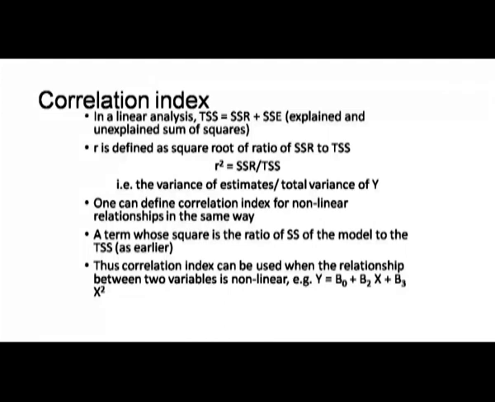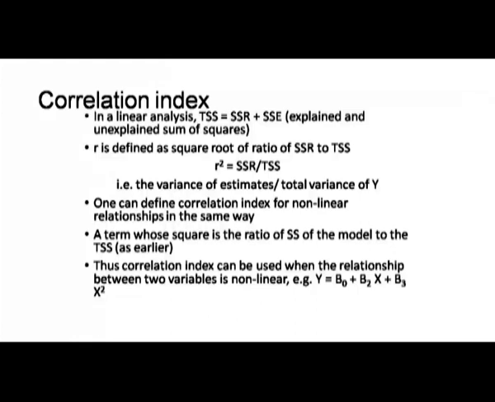Now, for nonlinear relationships, we can use the logic of the correlation coefficient. Actually, when I say that this much variance is explained, the square of the correlation coefficient tells us the variance explained; then there is a total variance and the remaining variance is called unexplained. We can use that logic for nonlinear relationships also, like y equal to b0 plus b2 x plus b3 x square.